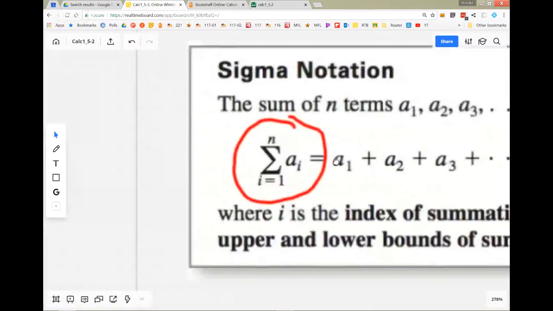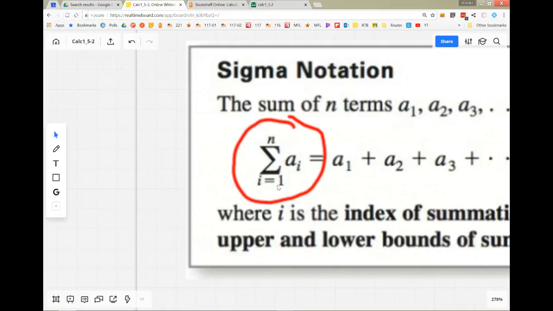Now, to get more into it, let me blow that up even more. So when you look at this notation, you've got i equals 1 on the bottom and n on the top. So that means from 1 to n, add up a sub 1, a sub 2, a sub 3, all the way up to a sub n.